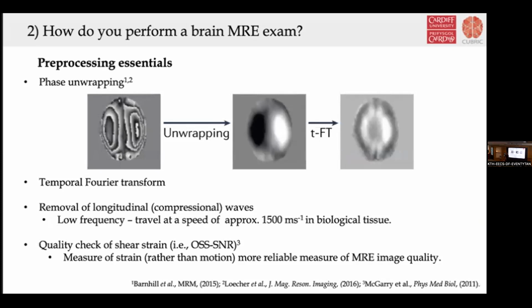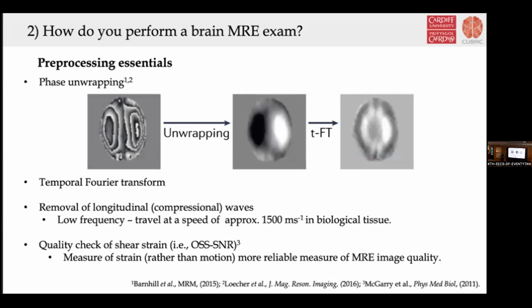This is when the phase of the wave shifts by more than 2 pi. So you can see the heavy phase wrap, which mainly does occur around the edges of the brain. It's quite easy to get hold of phase unwrapping algorithms. There have been quite a few publications, there's software available, but that's also quite an active area of research.